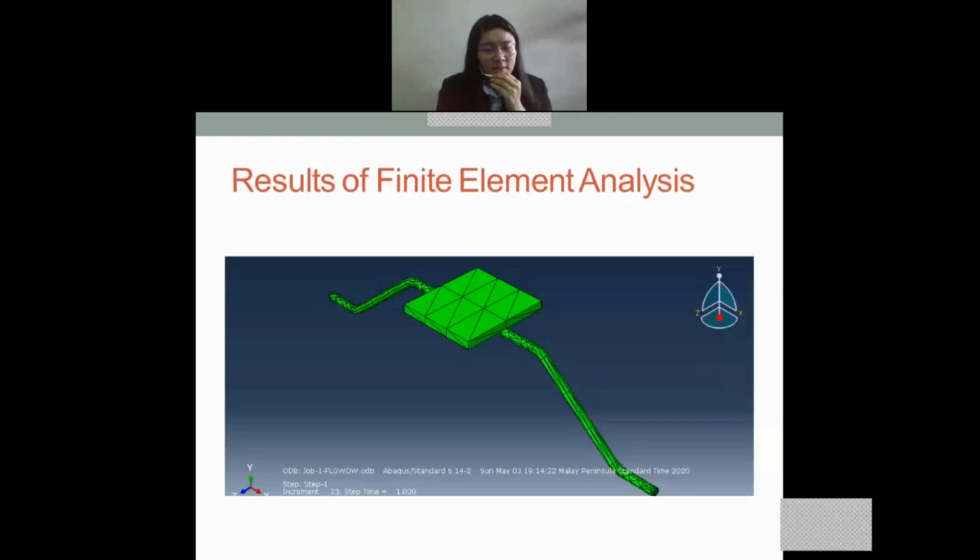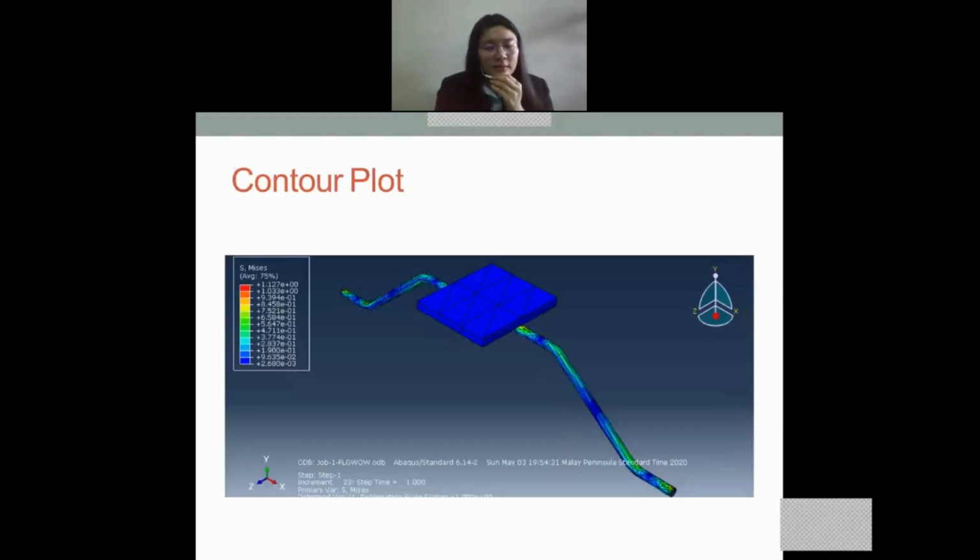So this is the result of the finite element analysis, and this is the undeformed shape. Next one is the contour plot, and this is the von Mises stress. The red color is the highest stress and the blue color is the lowest stress. For both ends, as you can see, at the curve place is red color, which means it's critical stress at the curve area and the fixed support area.